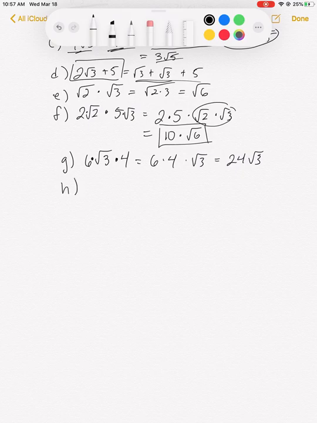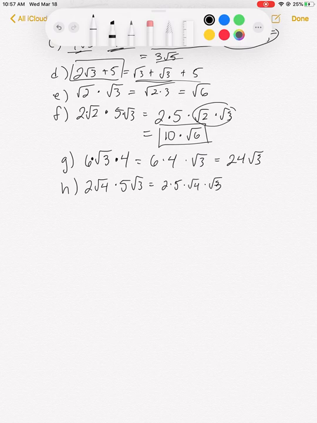And H, we have 2 square root 4 times 5 square root 3. With this one, again, we'll use the commutative property like in F. We have 2 times 5, and I'm just noticing a couple of ways to do this one. So we'll do 2 times 5 times square root 4 times square root 3.